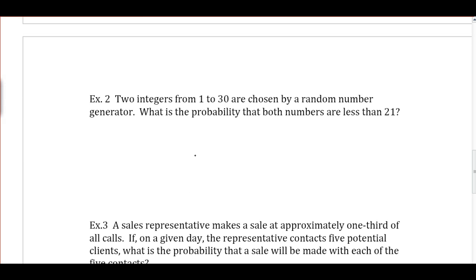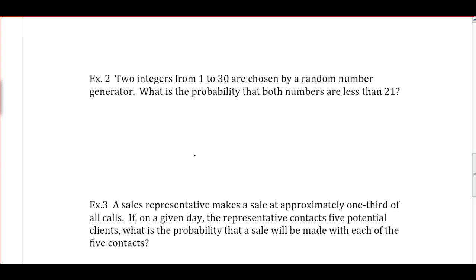For the next example, 2 integers from 1 to 30 are chosen by a random number generator. This would seem to indicate that we could get the same number more than once. That would be considered with replacement. What is the probability that both numbers are less than 21? The probability that the first number is less than 21 would be 20 out of 30.